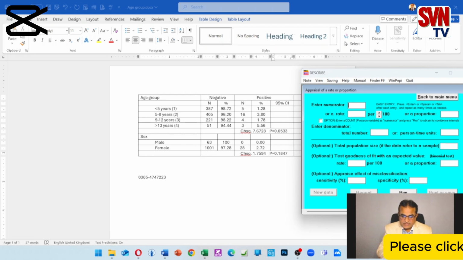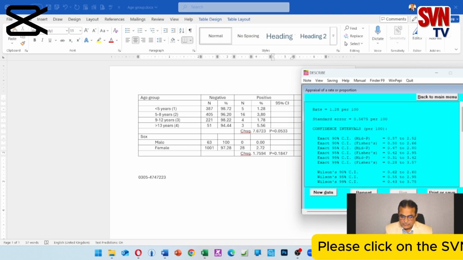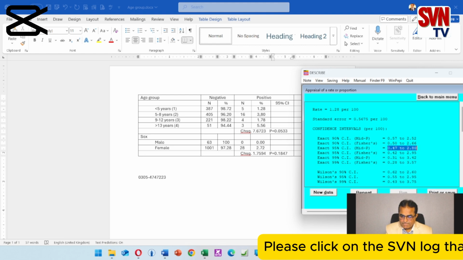So here we can write the positive percentage 1.28%, and the total number 387 plus 5, 392. So here is 1.28. This confirms that our total was right, and this is the mid-p value. This we need to write here.